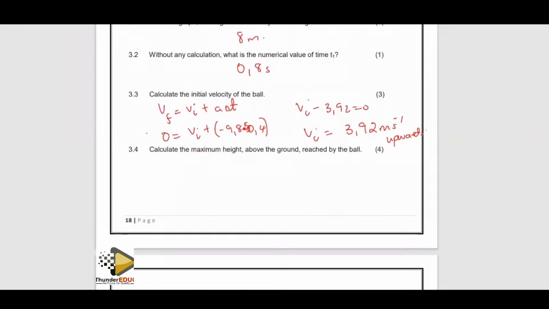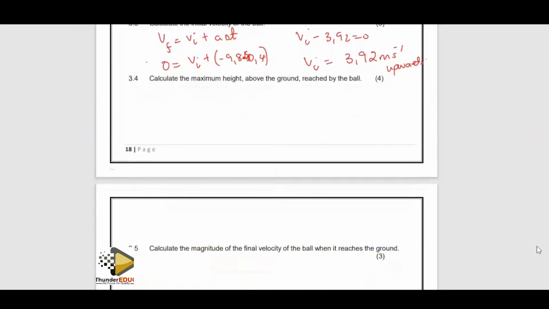And then 3.4, they want the maximum height above the ground that is reached by the ball. Now, since they're asking for maximum height, that is like displacement. Which displacement formula can we use? Let's use the second equation, which is delta y is equal to Vi times delta t plus a half a delta t squared.